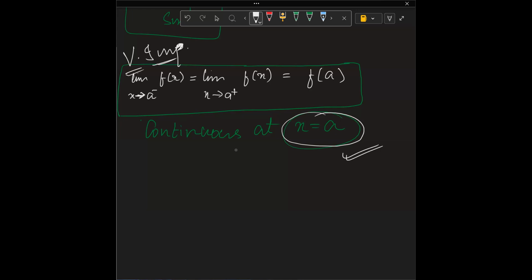And if you are at limit x tending to a plus, then you are a few steps forward, and that means you are approaching from the right hand side.